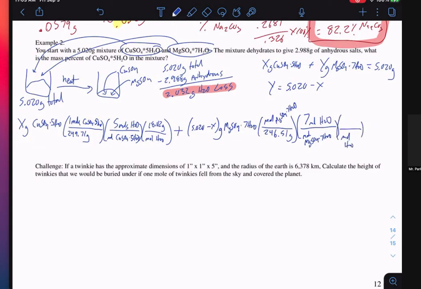is 18.02 grams. Okay. And the sum of both the X work and the Y work is equal to what we said the total mass of water loss is, 2.032 grams of water.